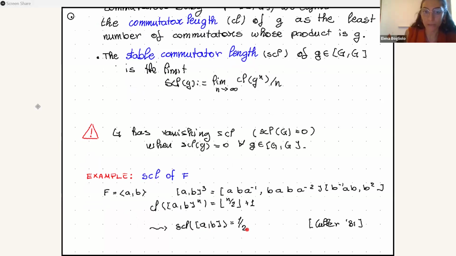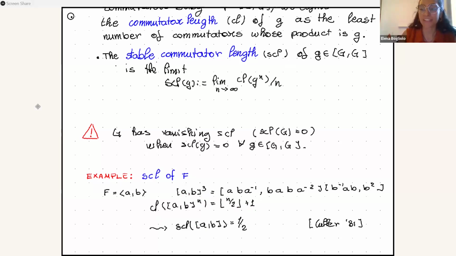The way to show it is by saying that the commutator length of the n-th power is equal to the floor of n divided by 2, plus 1. An actual example is the fact that the third power of the commutator of a and b can be written as the product of two commutators. And I think this is not that easy to see at first.